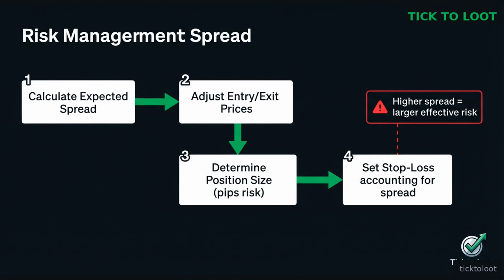By systematically adjusting entry, stop loss, and position size for the spread, you ensure that the hidden cost never pushes your risk beyond the limits you set. This disciplined approach links the tiny tick of a spread to the overall health of your trading account, keeping you in control even when market conditions widen the spread during news events or low liquidity periods.